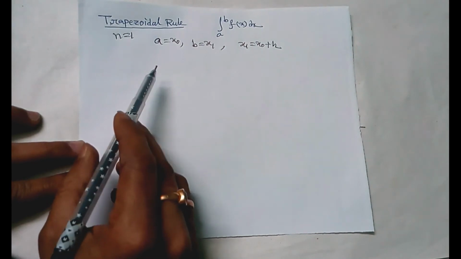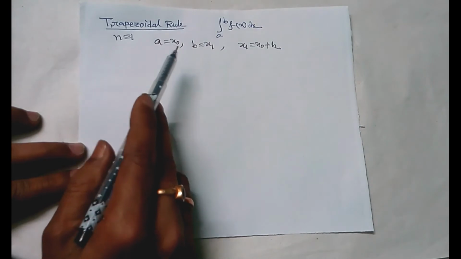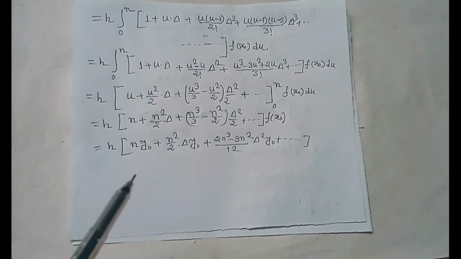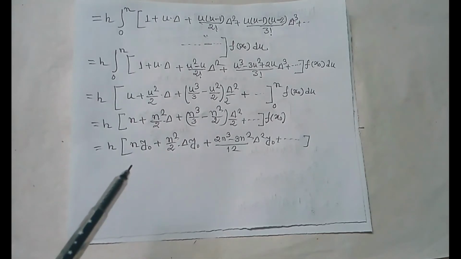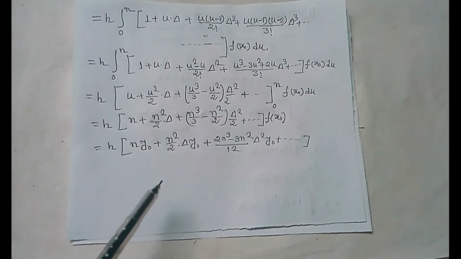Then we shall obtain the particular form of Gauss-Legendre quadrature formula, and that form will be called trapezoidal rule. Just consider the Gauss-Legendre quadrature formula. If we put n equal to 1, then we have only 2 arguments x0 and x1, so we have corresponding 2 entries y0 and y1.